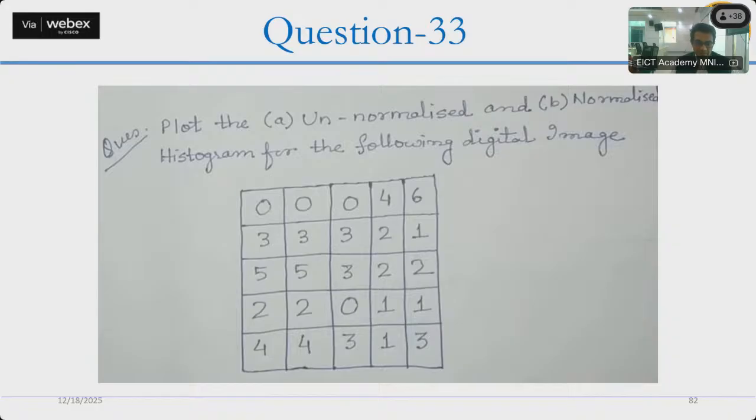So what will be the histogram? First we begin to explore how the concept of histogram will come in this image of 5 by 5 pixels, basically 25 pixel values. Can anyone guess how the histogram will come in the picture?